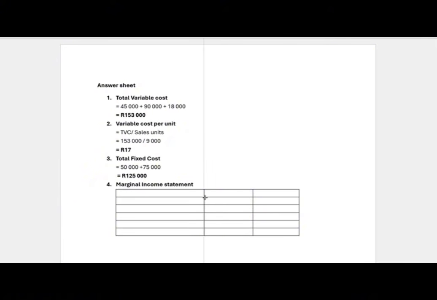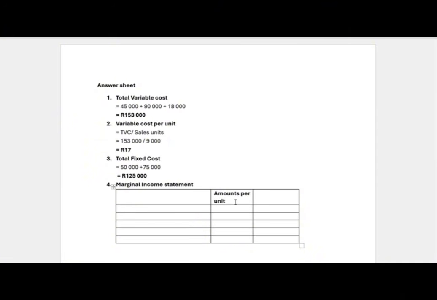So let's do this. Here we are going to have amounts per unit. On this side we're going to have amount per unit.